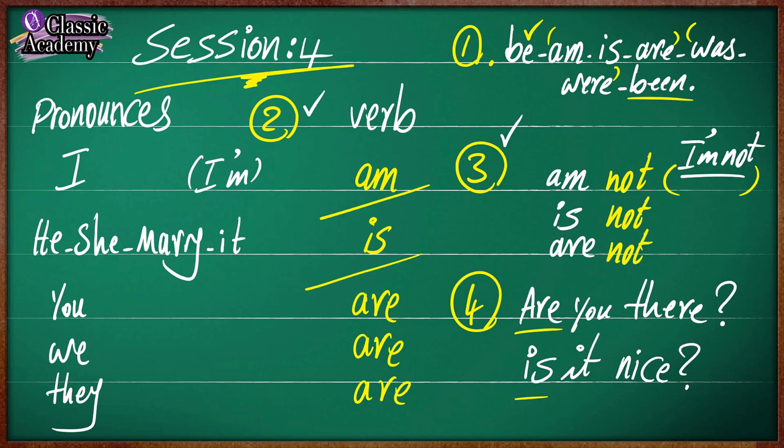We know it as a helping verb too, and when it comes to the helping verb, it acts very differently, and we will talk about this. I just like you to know that this is very important to understand this lesson.